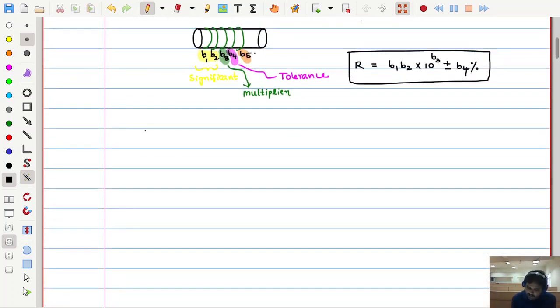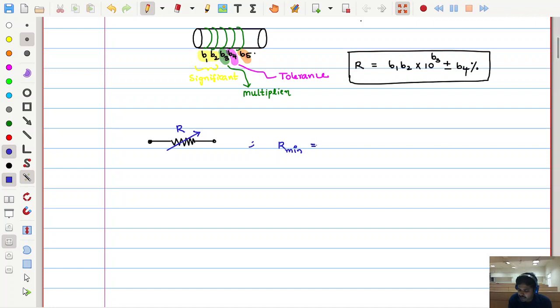If the resistor is a variable resistor, we take an arrow on top of it, which represents a variable resistor. Now let us see what the R minimum might be. How much is the minimum value which I can adjust with the help of this resistor?